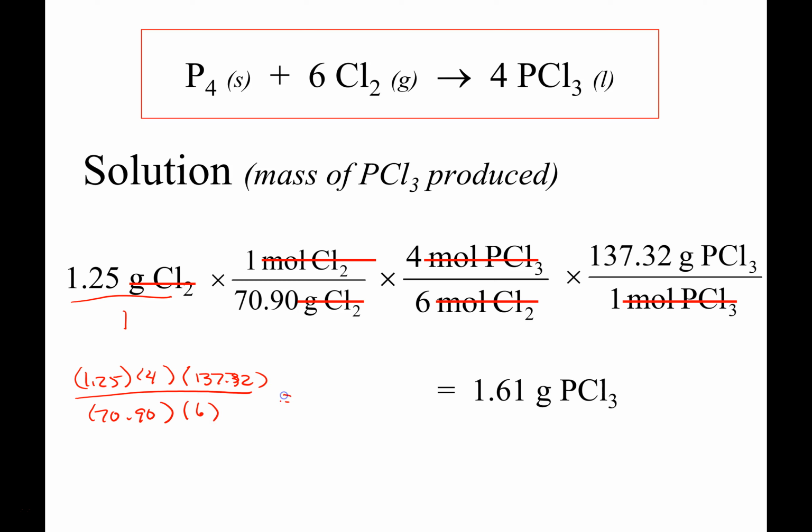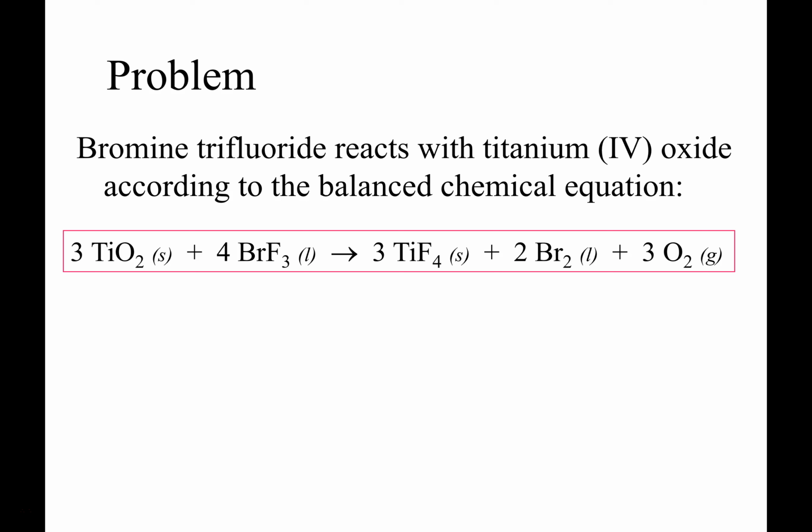So some people like to go ahead and multiply this and get a number, and then this and get a number, and then do one last division. What I like to do is I use parentheses. So I'll open parentheses, 1.25 times 4 times 137.32, close parentheses, hit my divide key, open another parentheses, which is for the denominator, 70.90 times 6, end parentheses. So, all right.